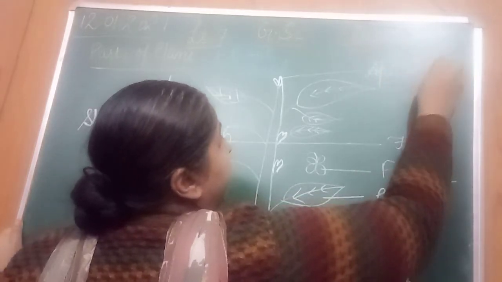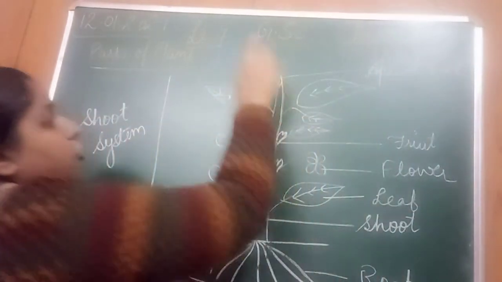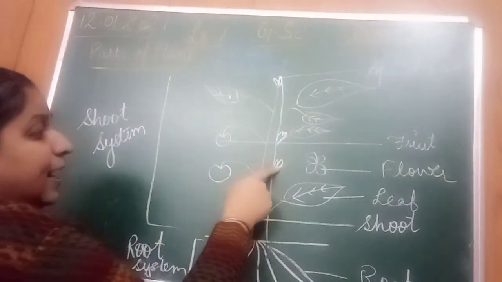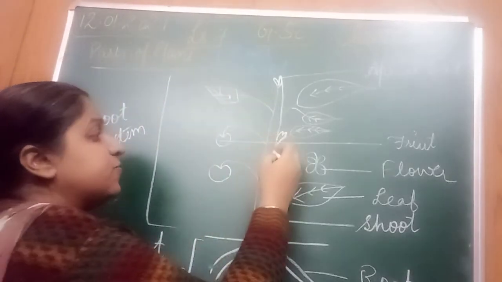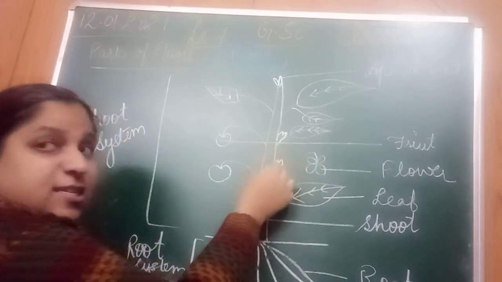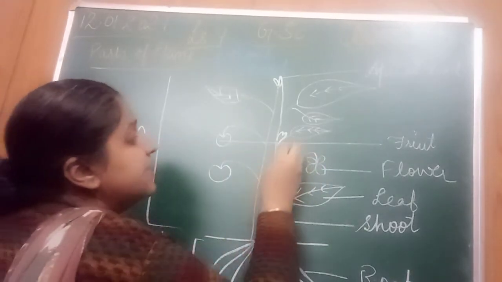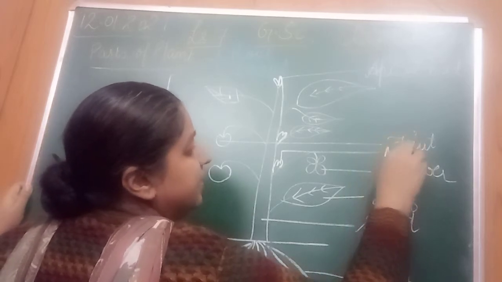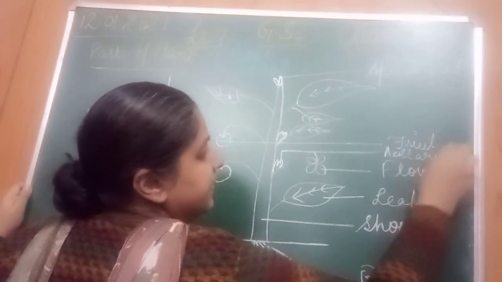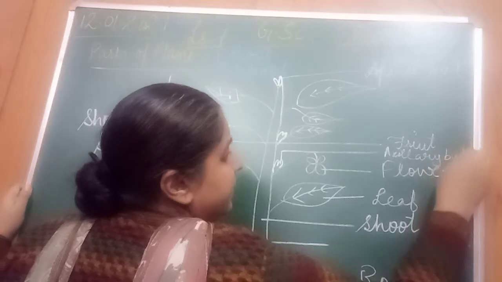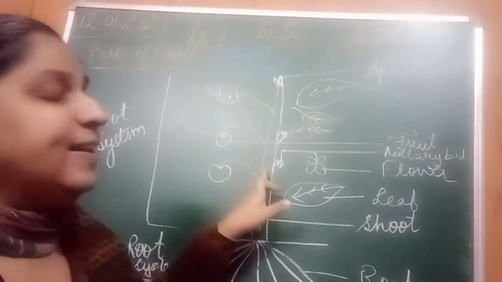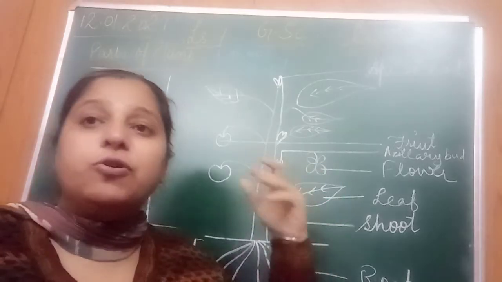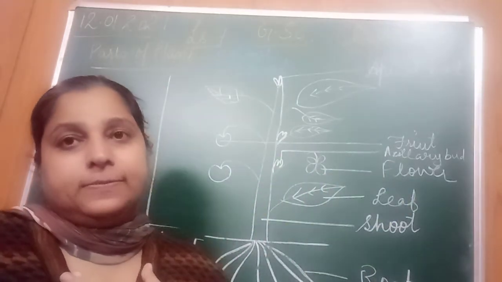This apical bud helps the growth of the shoot, stem. And this bud, which arises between the branch and the shoot, is known as the axillary bud, at the axil. At this place, more branches may rise. It gives rise to more branches.